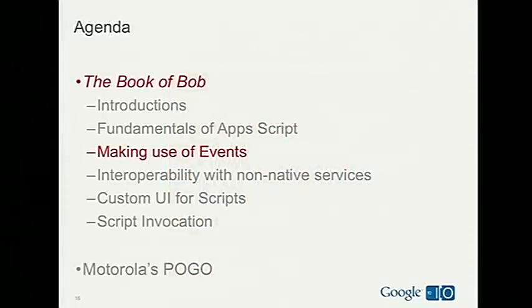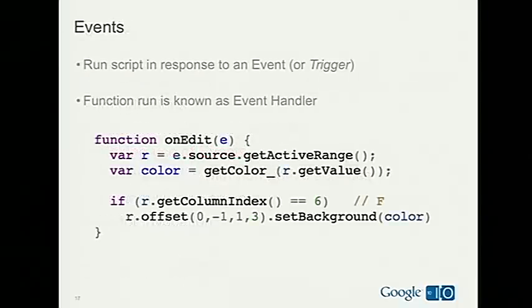Instead of Bob having to actively choose to do these things, maybe we can automate it all a little bit more. And so this is why we're going to talk about events. The events system allows you to run a script in response to an event that happens, or a trigger. And the function that we run is known as an event handler. So here we've got an onEdit.